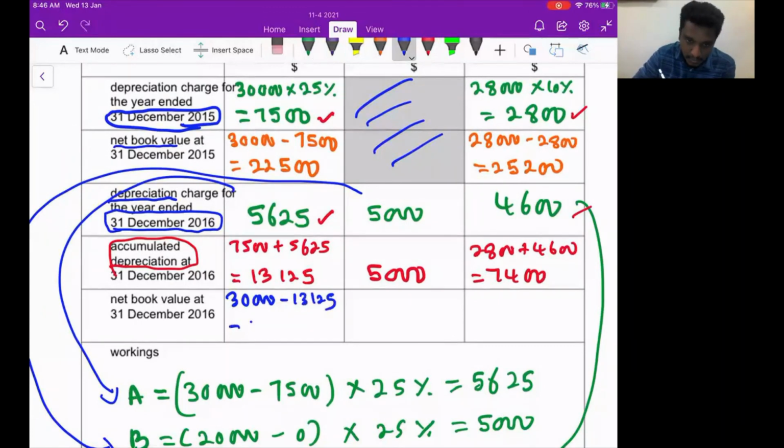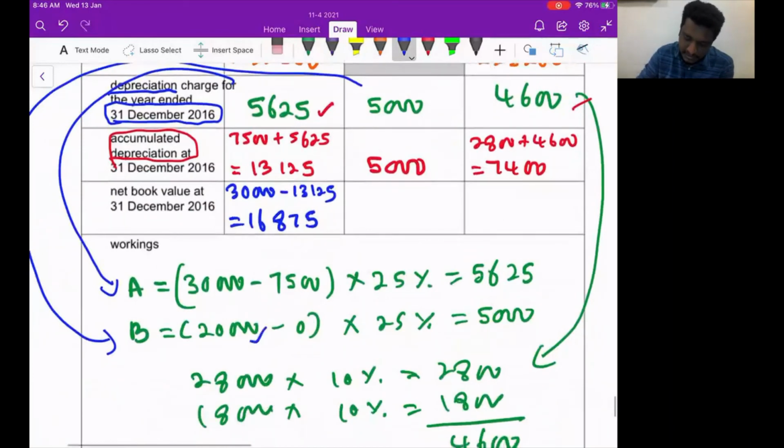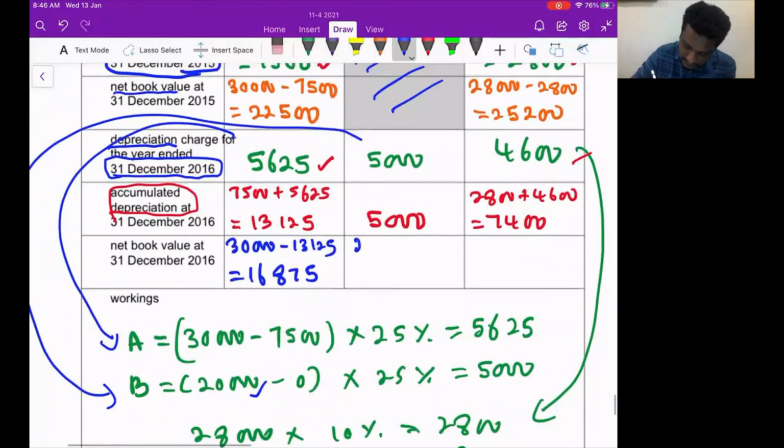You get 16,875. After that, for motor vehicle B, the cost is 20,000 minus 5,000. You get 15,000.